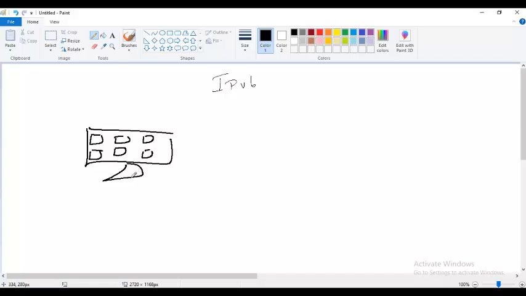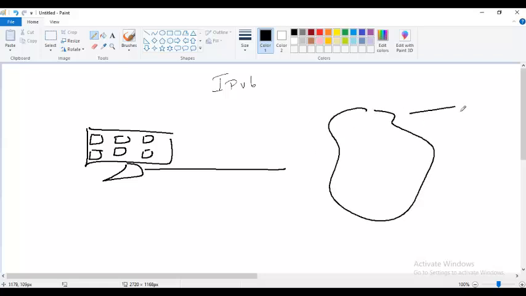So for you, you look at this as one physical computer, but for someone in the internet, the traffic is coming from 6 different computers. This is computer number 1, 2, 3, 4. How?